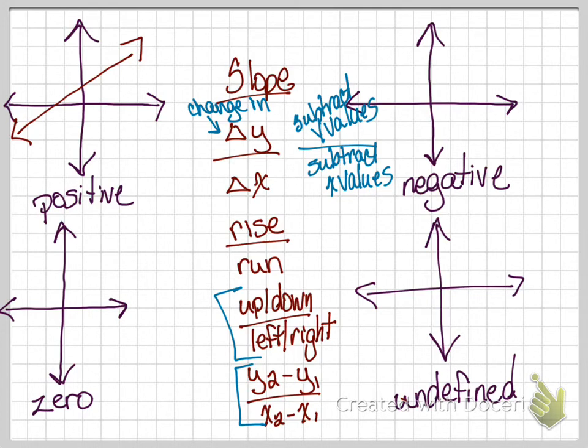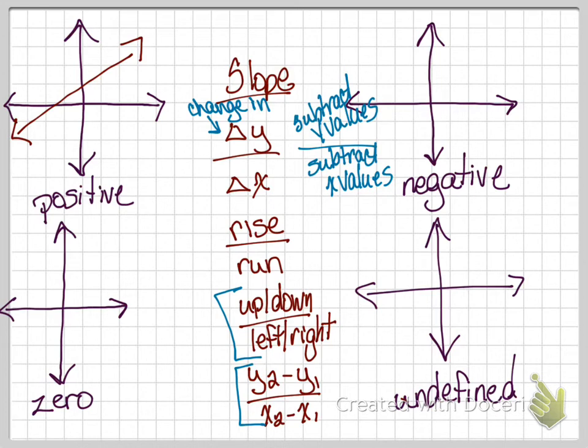You want it to be gaining weight. So when we have a positive slope like this, the baby is gaining weight, and your money in the stock market is making money.